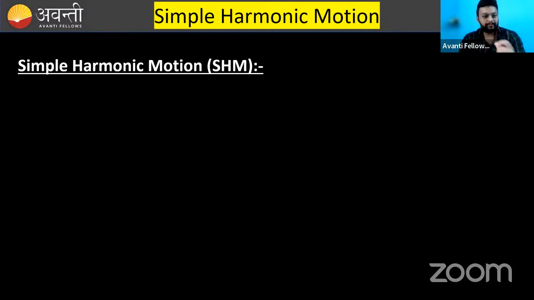Simple harmonic motion. Don't get confused by harmonic. The meaning of harmonic is nothing but periodic. Simple periodic motion is not as nice a word, so in place of periodic, we are using the term harmonic.